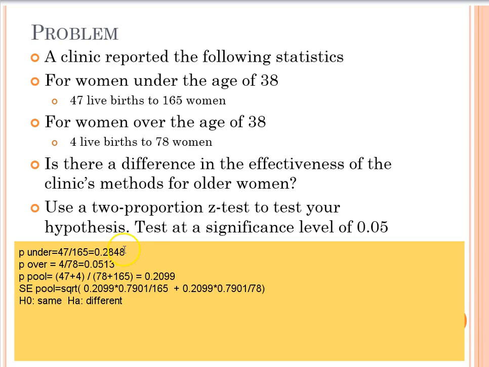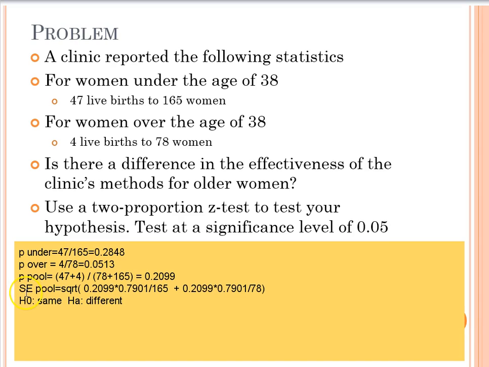We recognize that samples vary, and so maybe this difference that we see is just due to the fact that we're sampling. So we're going to assume that the true difference is that there is no difference, that the true proportions are the same. And we're going to try to find evidence, our sample is our evidence, that they are in fact different.